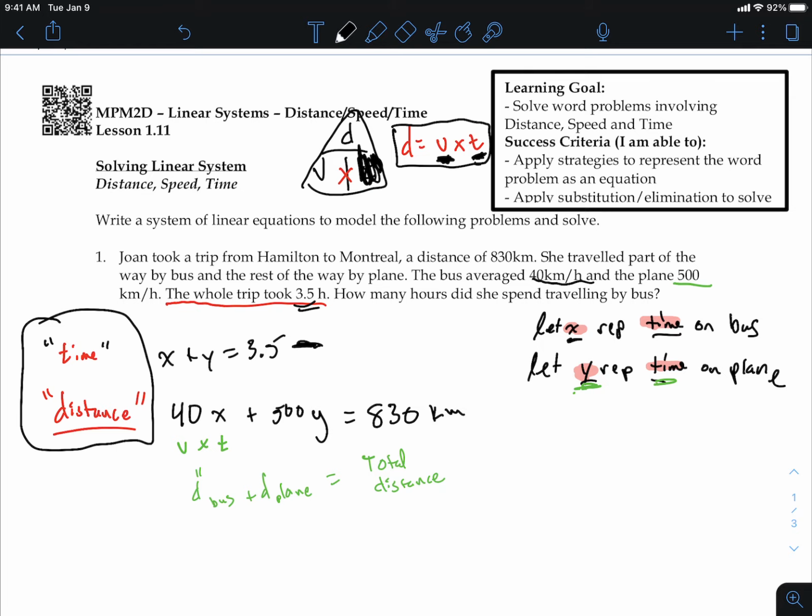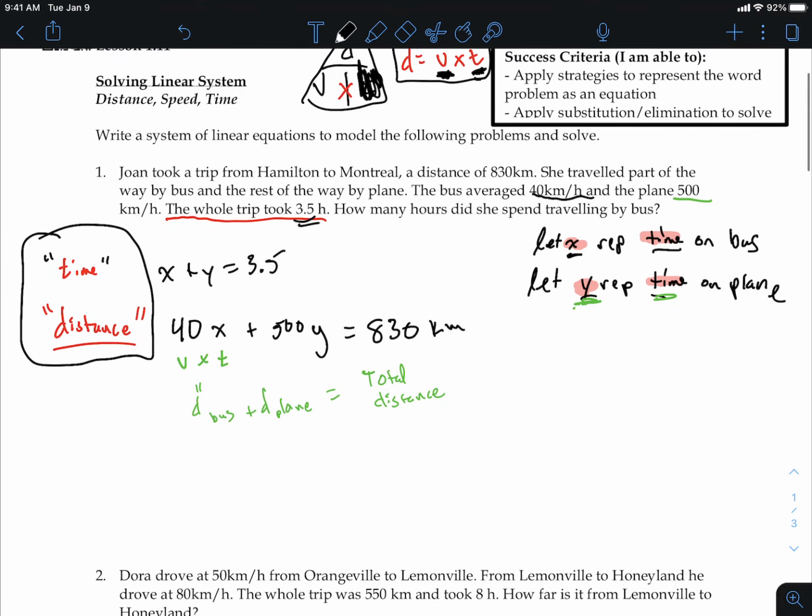So we wanted to do substitution. What are we going to have to do? Am I going to isolate a variable in this equation? No chance. You could, but I don't want to. In the top equation, we can say x is equal to 3.5 minus y.